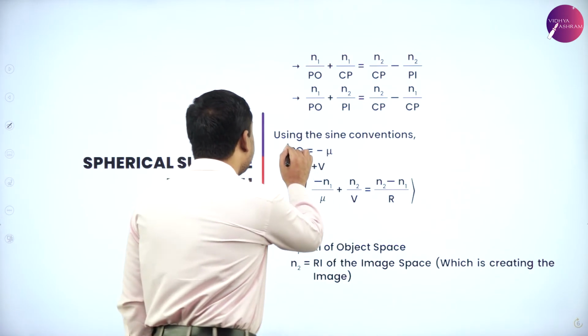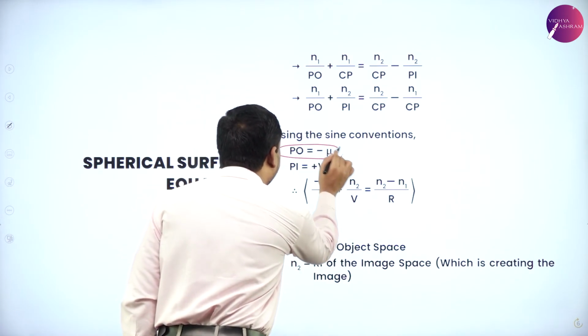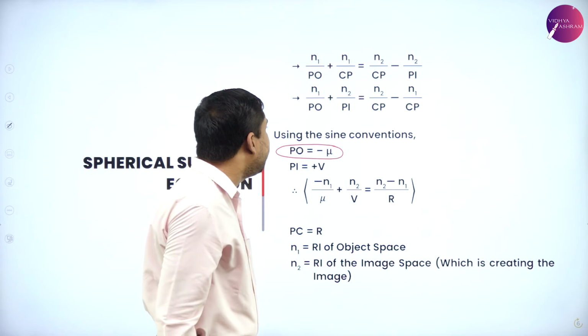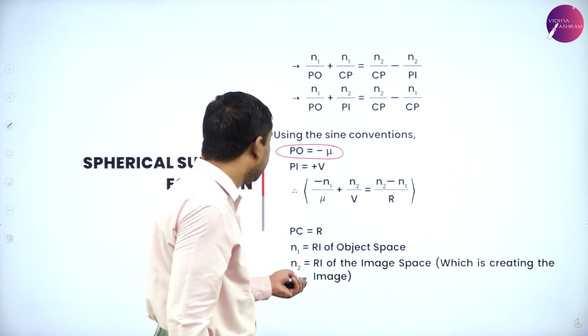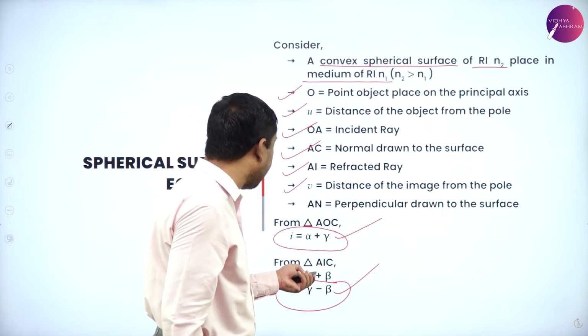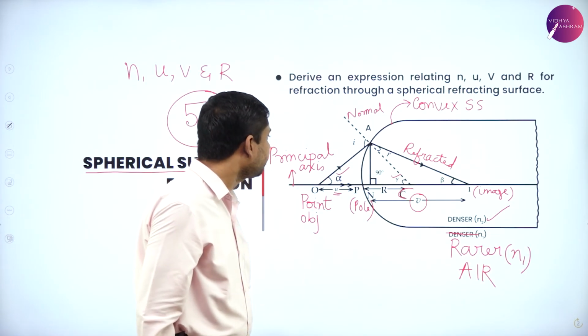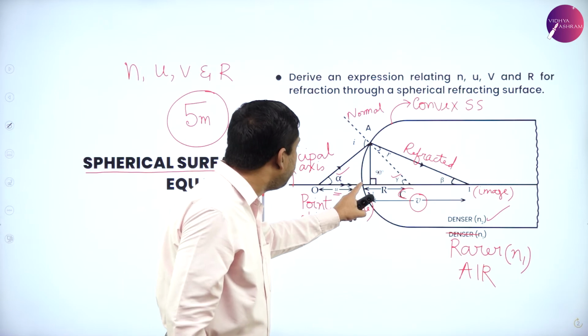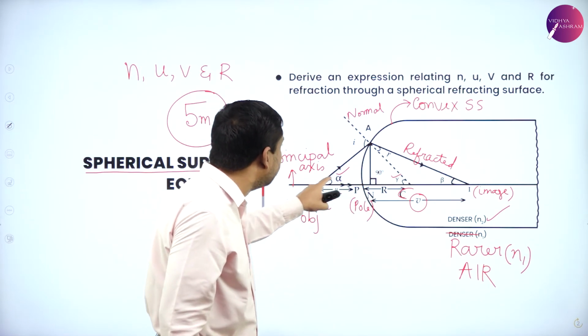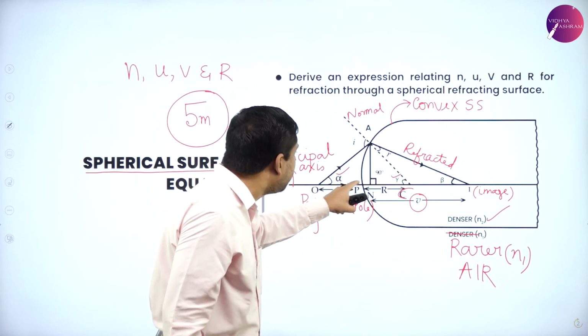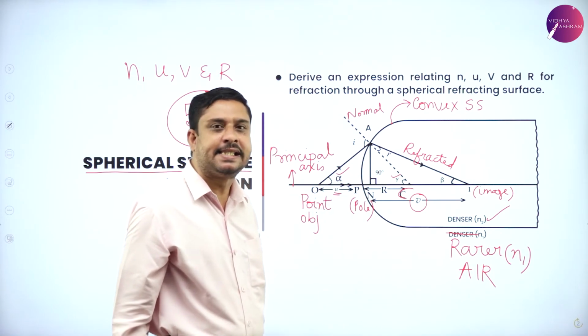Now, I've written here OP is U. Why is that? Let us observe the diagram carefully. PO: here the direction is opposite to the direction of the incident light.